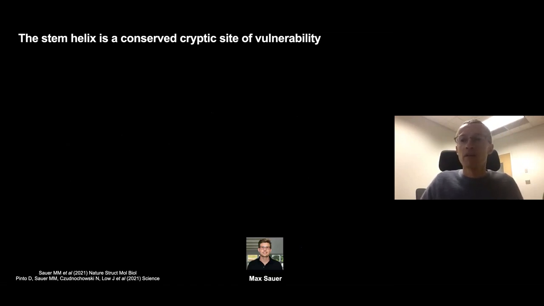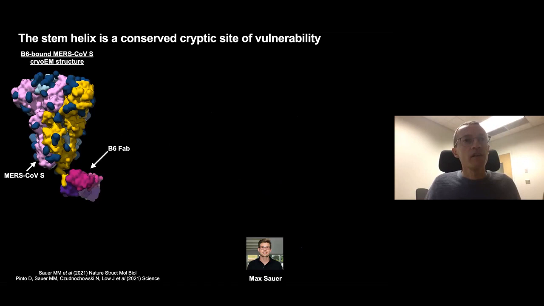So Max Sauer in the lab identified an antibody a few years ago now that recognizes the stem helix, which is an epitope found at the proximal parts of the spike near the fusion machinery. This antibody was elicited by vaccinating mice with the SARS-CoV and the MERS-CoV spike glycoprotein.